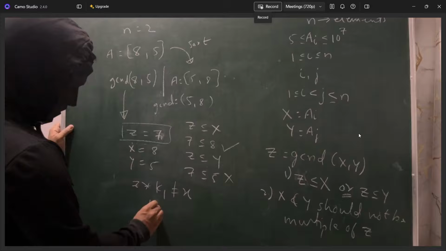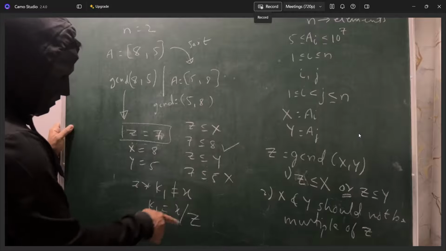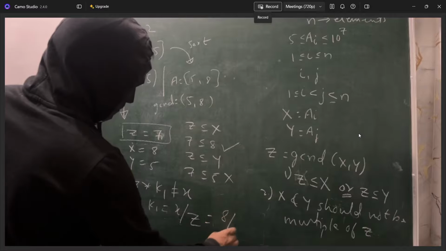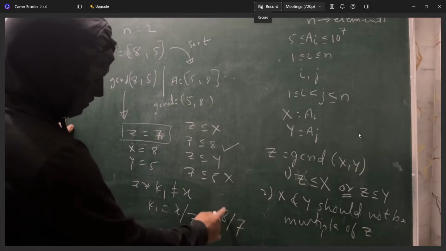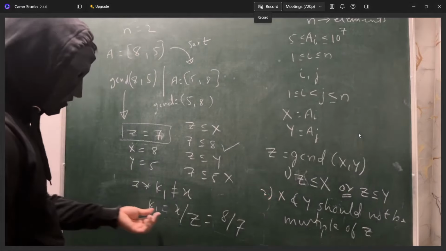So let's try to take k1 as x by z. Pardon me, because in the previous example I wrote it the other way. So here x is 8, z is 7. It is not perfectly divisible, so the condition x is not a multiple of z holds.